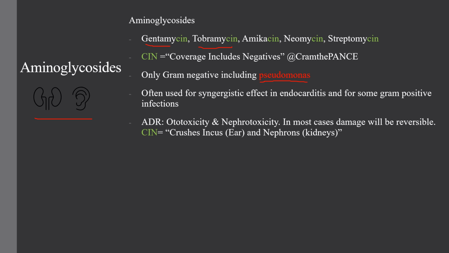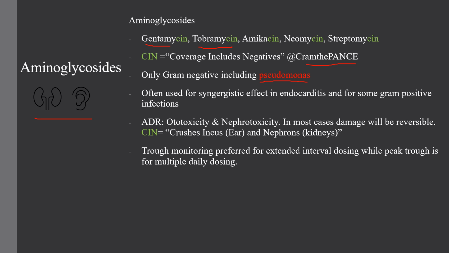Now, some adverse drug reactions, as I mentioned earlier, were the ototoxicity and nephrotoxicity. In most cases, the damage will most likely be reversible once you stop it. There's another mnemonic, again shout out to Cram the Pants: sin, which equals crushes the incus for the ear, and nephrons for the kidneys.